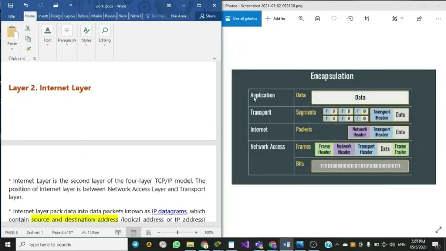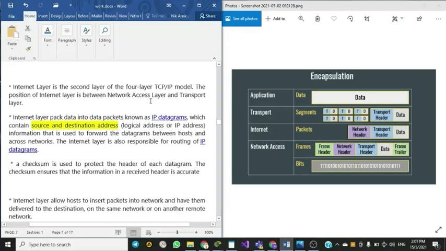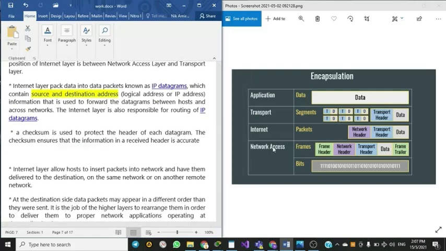Next, the Internet layer. The Internet layer is the second layer of the four-layer TCP/IP model, between the transport and the network access layers. The Internet layer packs data into IP datagrams, which contain source and destination logical addresses, or IP addresses, and this information is used to forward the datagram between hosts and across the network.